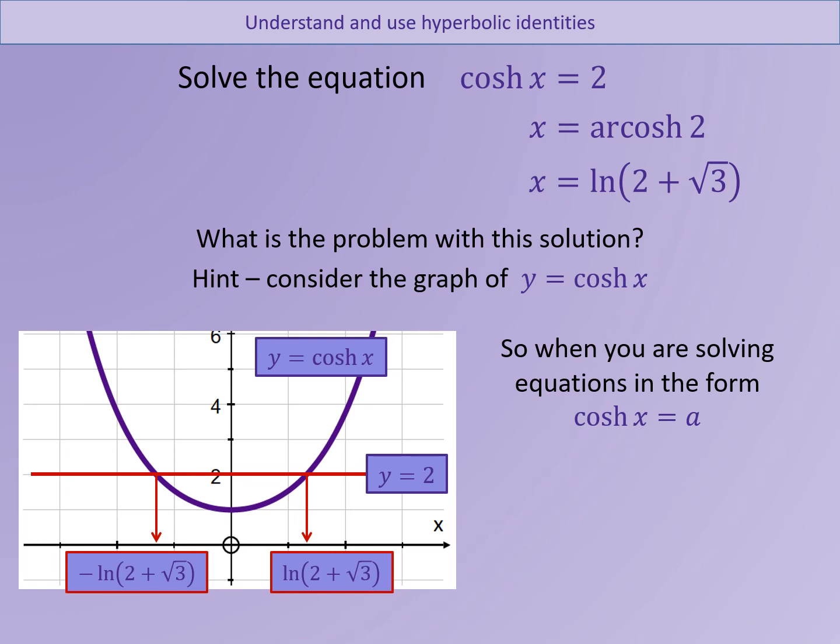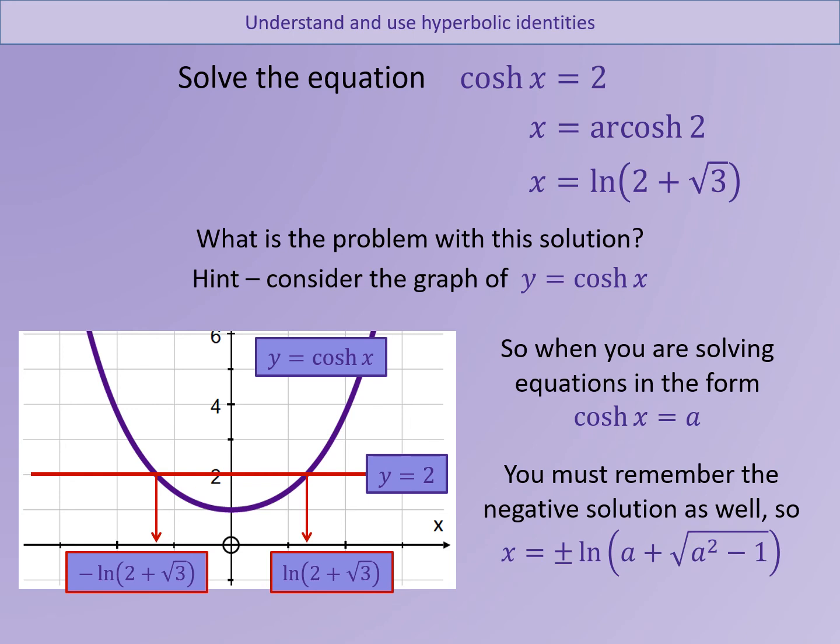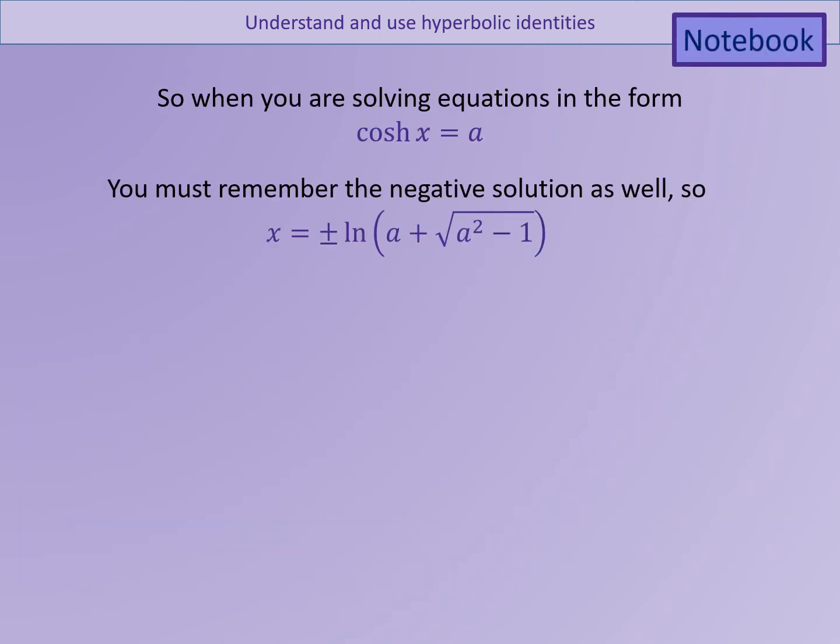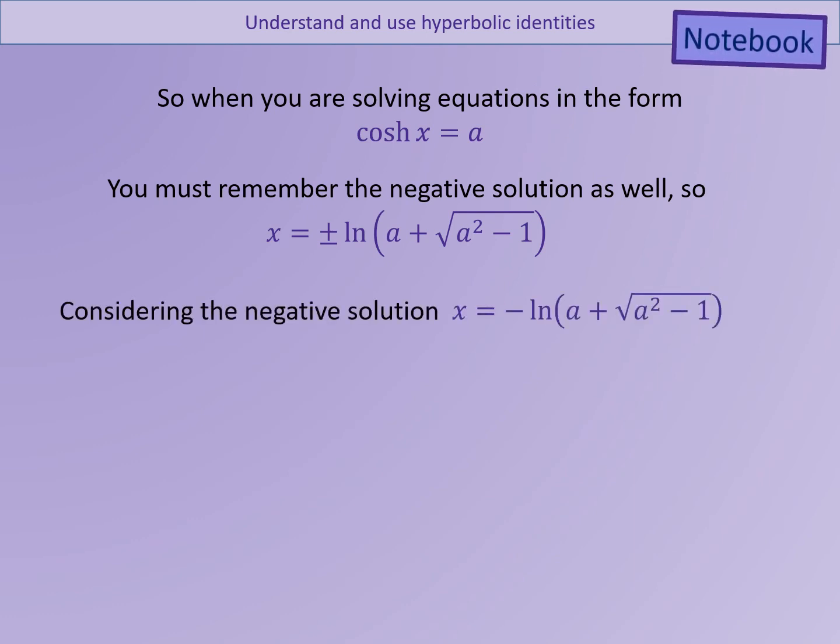So therefore, whenever you're solving an equation where the solution is cosh x = a, you must remember that there will be a positive and a negative solution because of the symmetry of the graph. If we consider the negative solution here, the general form of a negative solution will be x = -ln(a + √(a² - 1)), where a is the value from the original equation.